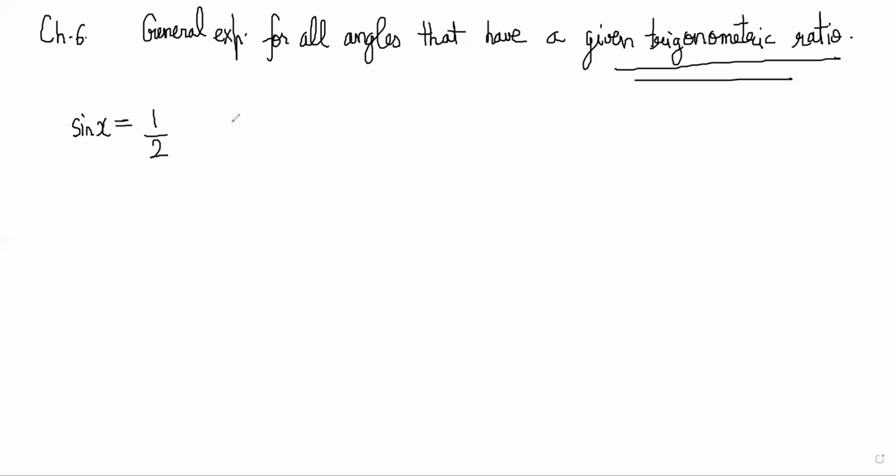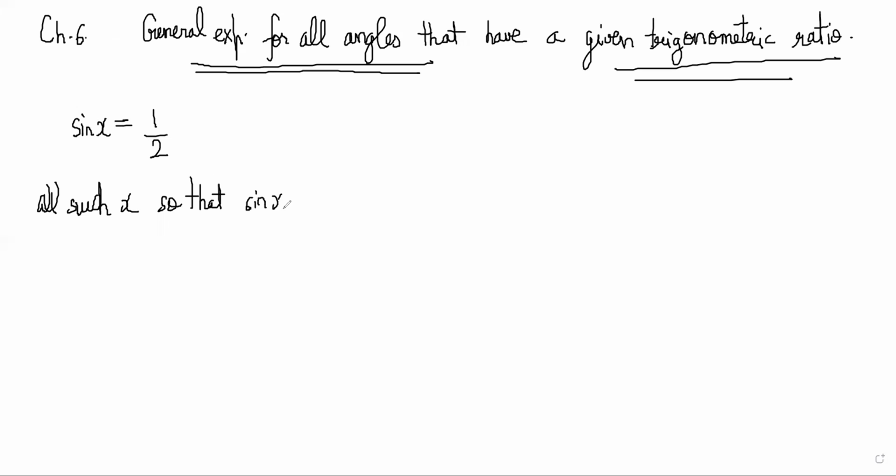So the trigonometric ratio itself is given to you, and you have to find the general expression for all such angles. You have to find all such x so that sine of x is half, right? Yes, sir.